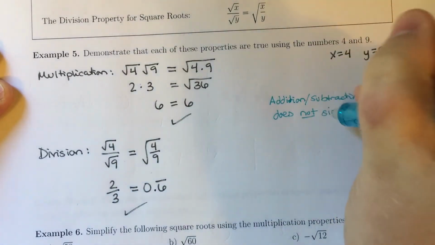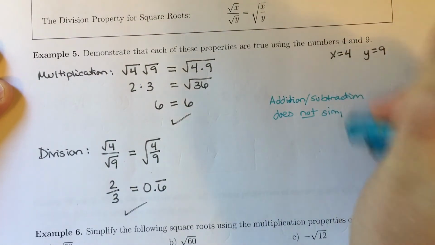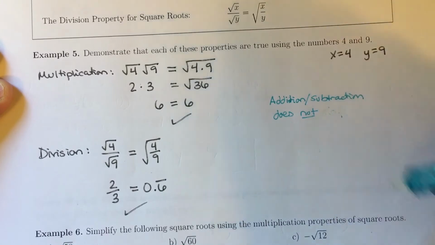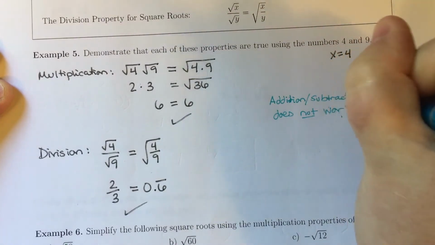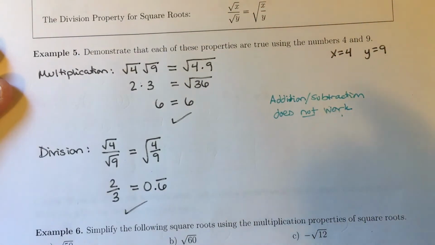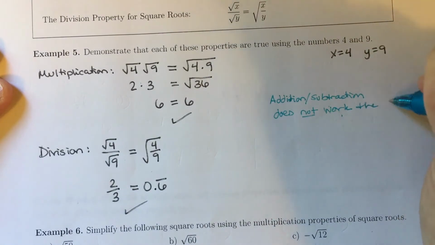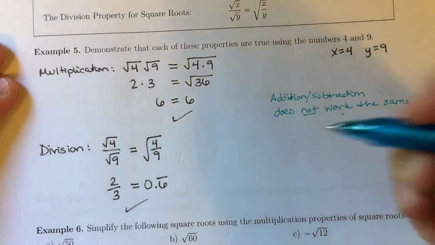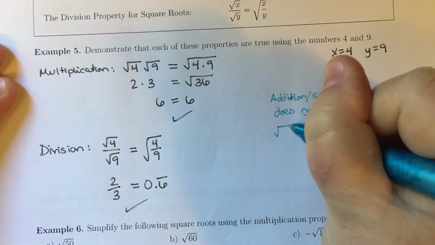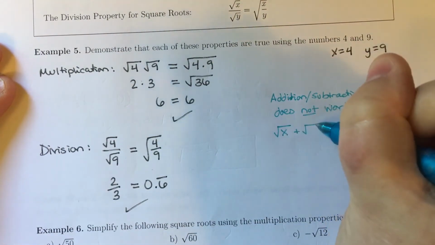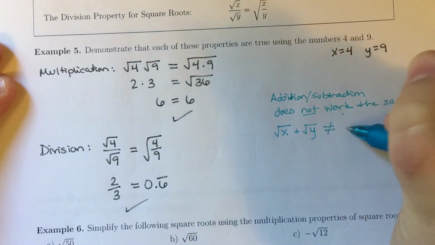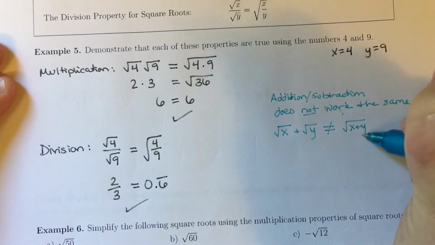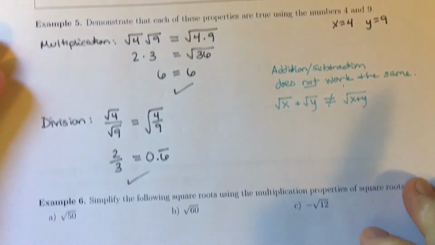I'll just say does not work for now, because there are ways we can simplify it, but we're not going to be able to do the same kind of property as with multiplication and division. So for example, if I have the square root of x plus the square root of y, we cannot say that's the same as the square root of x plus y. It never works.